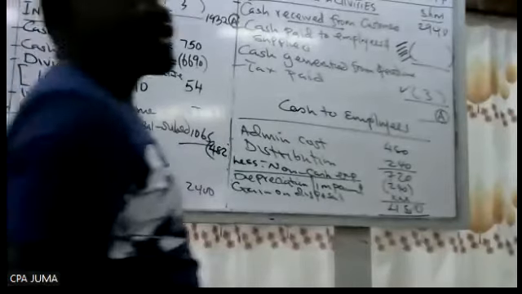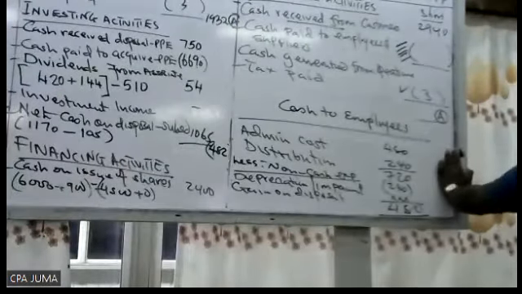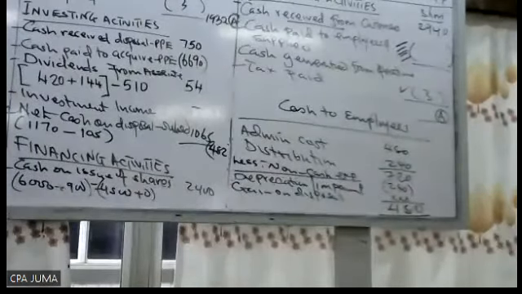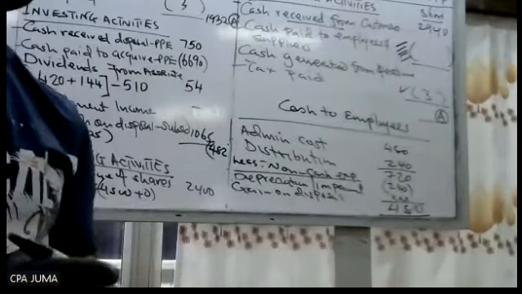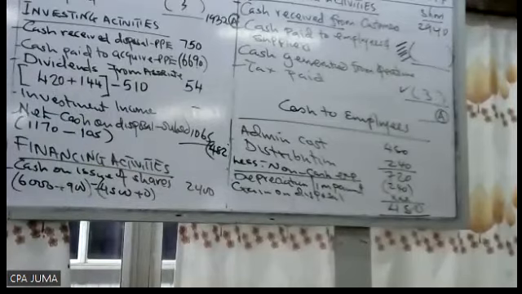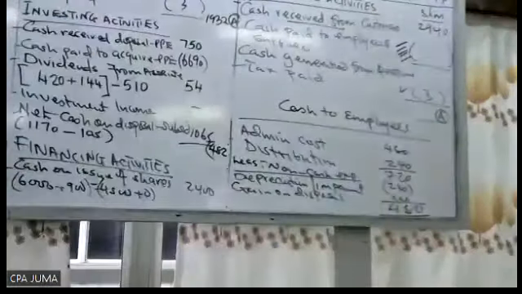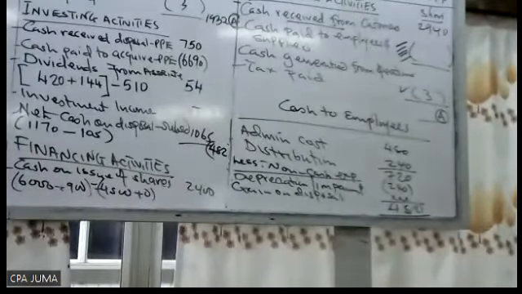So write down there, cash paid to suppliers. You write and say, prepare trade payables account as follows.